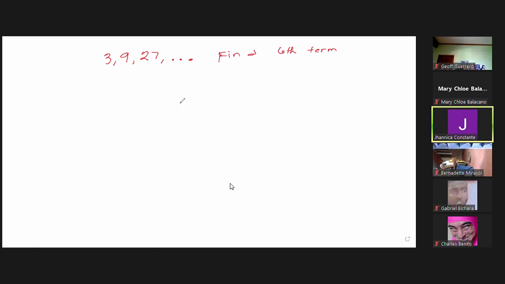So since we're going to find the 6th term, we need to write an explicit formula for us to be able to solve what the 6th term of our geometric sequence will be.